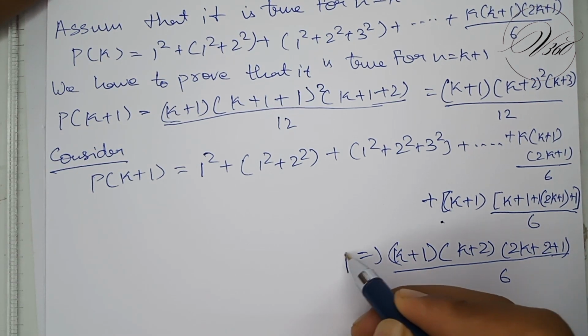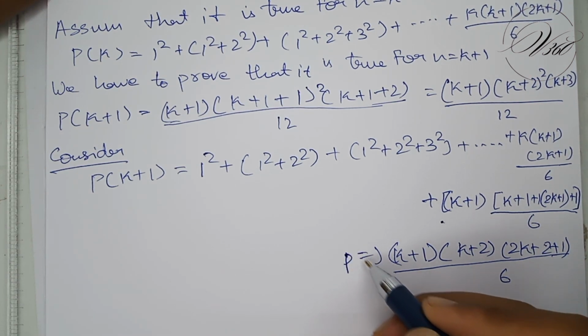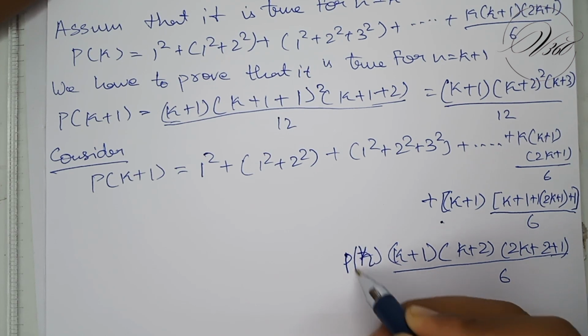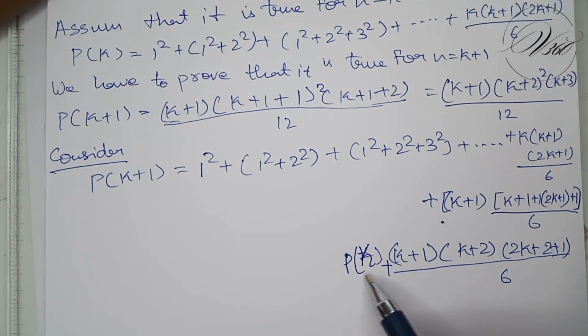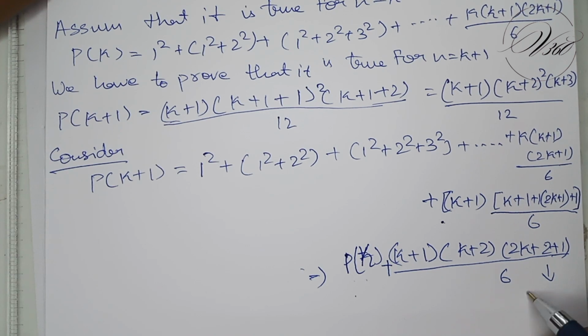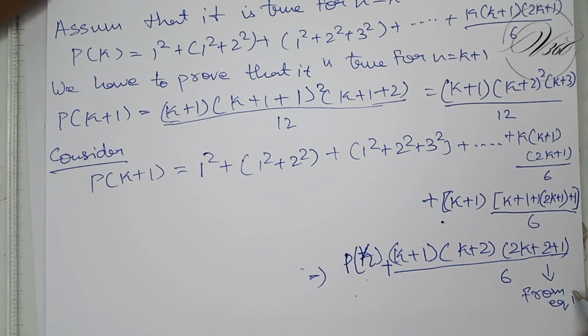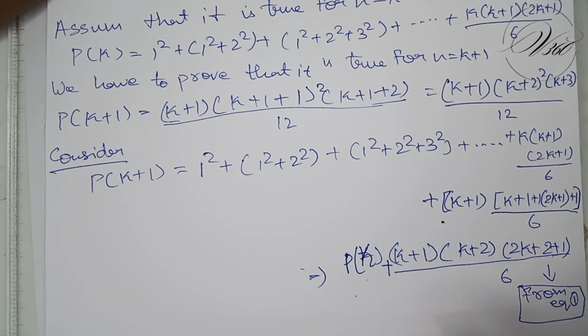Here we will get P of k plus, okay, this is separate and this is separate, so I have written separately now here. Now from equation 1, we'll get this equation, this one.